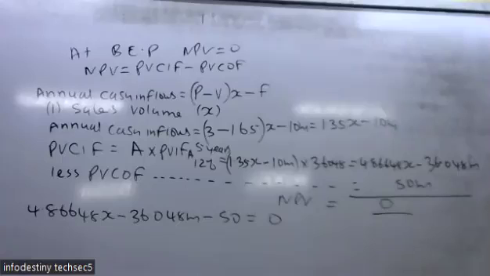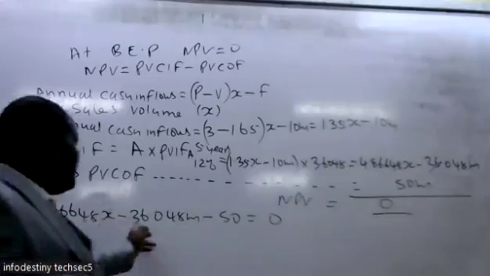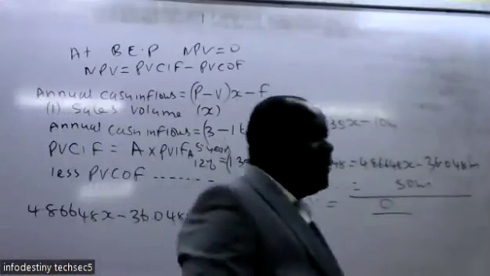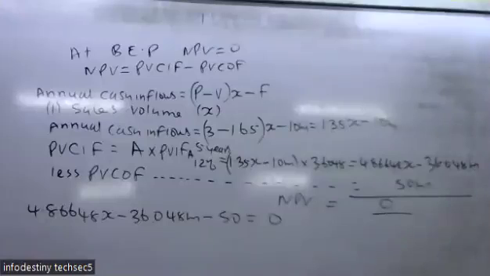So we collect the like terms, then we make X the subject. This one and this one will cross and become positive.